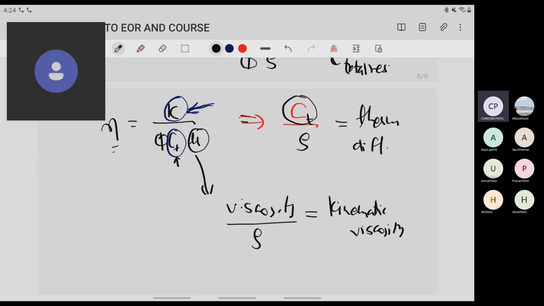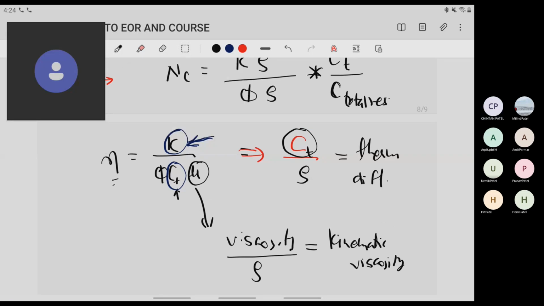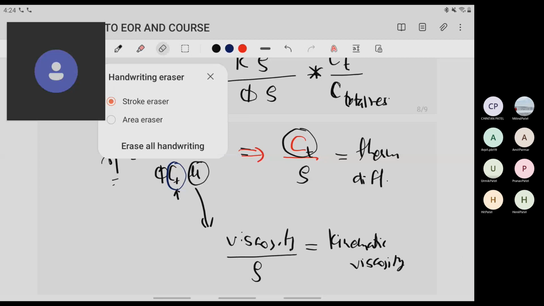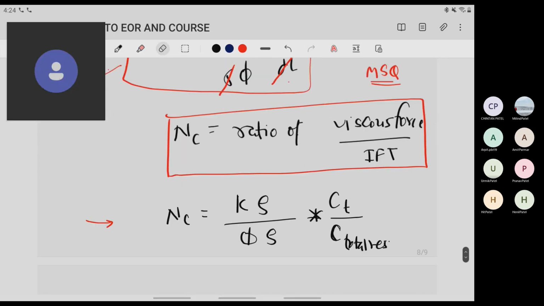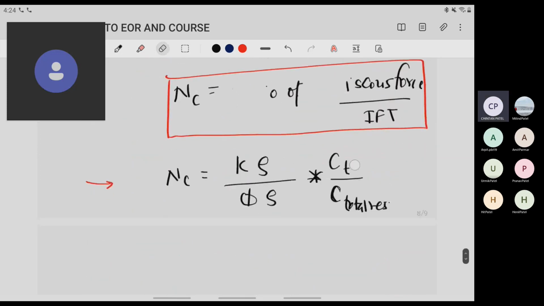Something like this. Okay, I will verify tomorrow. Why should we waste time? I will give you information regarding this tomorrow.